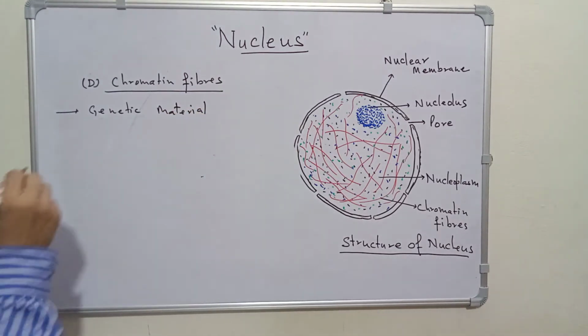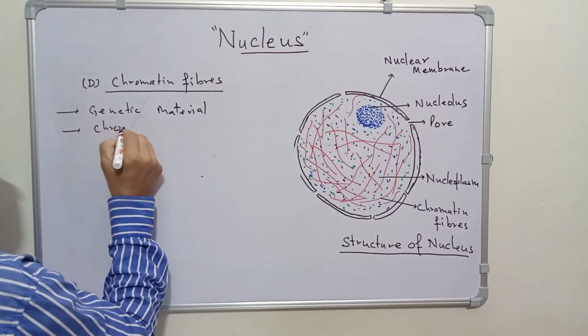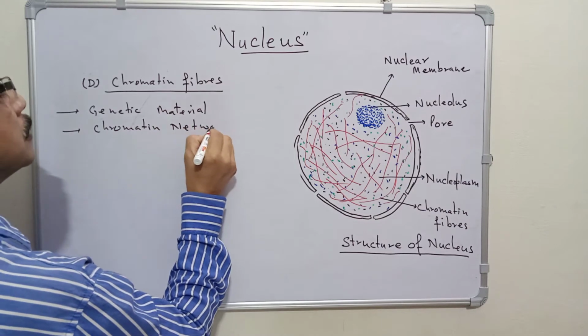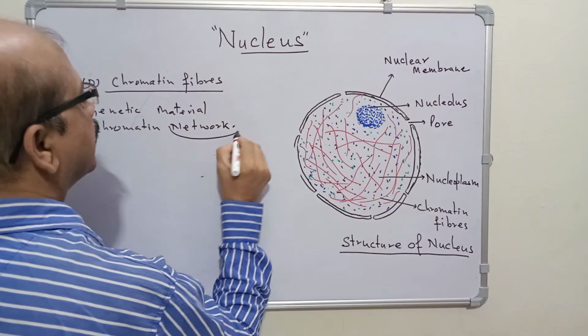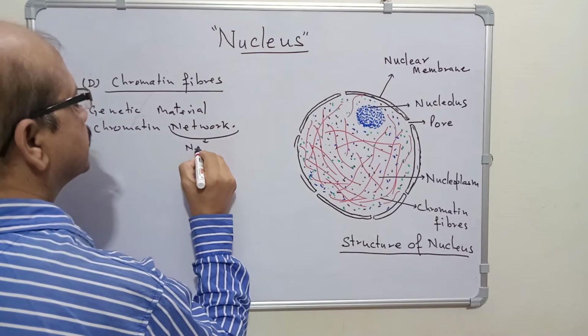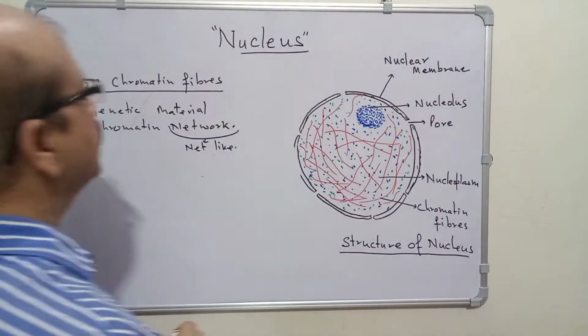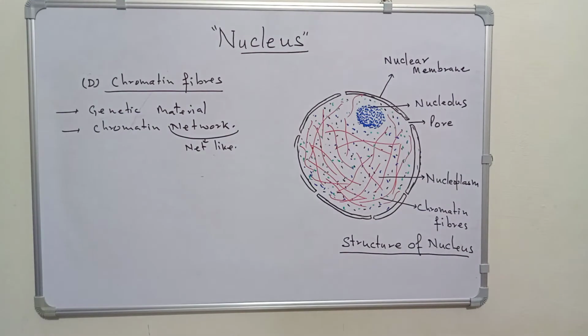They are also called as chromatin network. Network means net-like structure, net-like formation. So they form a net-like formation here.